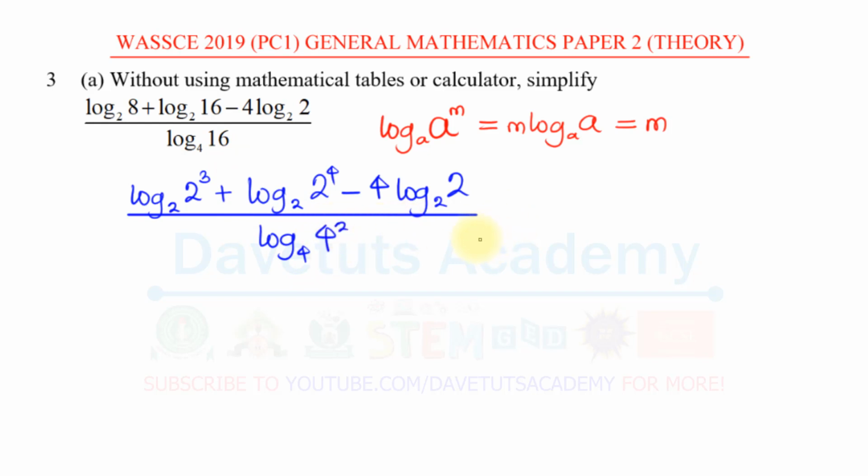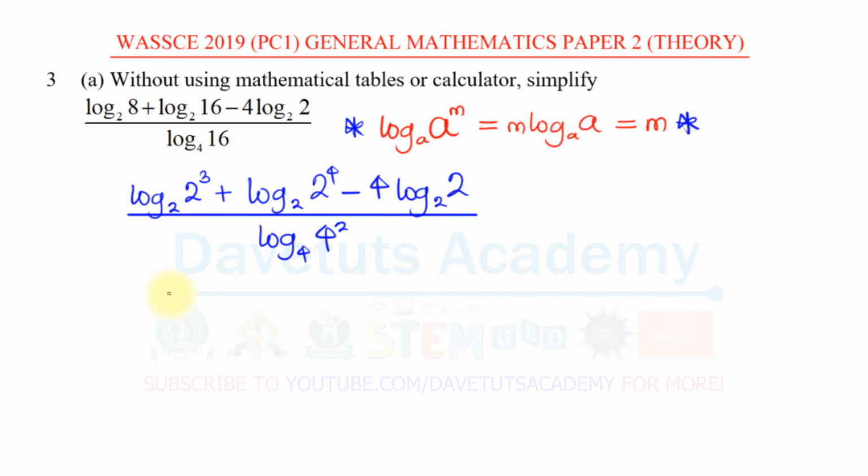Now, once we have this, like I explained before, we can apply this rule: since this base and the logarithm we are looking for are the same, the power can come out and this will just be 1.